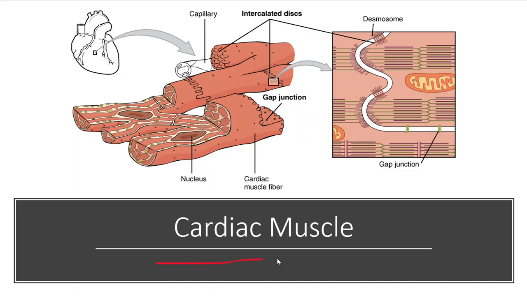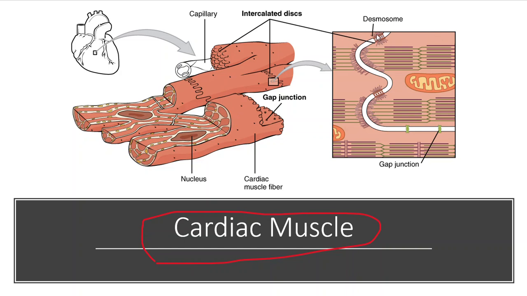Cardiac muscle, we're going to talk more about that in anatomy and physiology too. They're striped, but these guys are branched. You can see this area here, that's the gap junction.